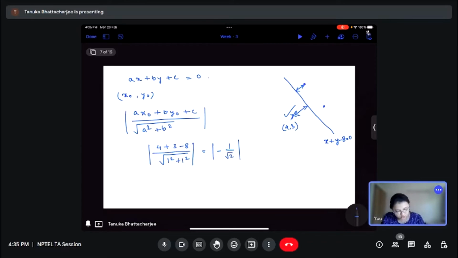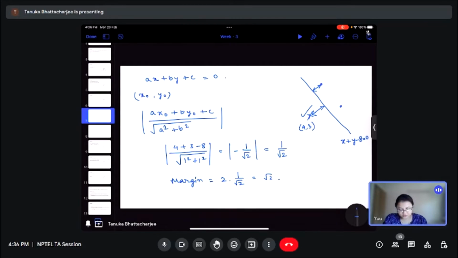Minus 1 by root 2 mod becomes 1 by root 2. So this is the distance of the point 4 3 from the decision surface. Your margin will be simply twice of this, which is root 2. So like that you can compute the margin in different ways. These are 3 different interpretations of how you can do the margin computation.